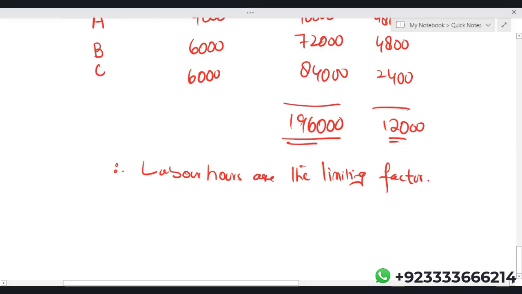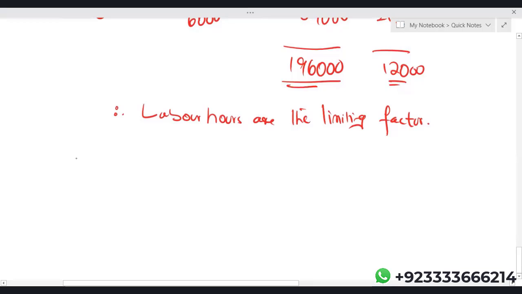In step 2, what do we do? We calculate contribution per unit, but that is already done by our examiner, I would say. Products A, B, and C. Contribution per unit.